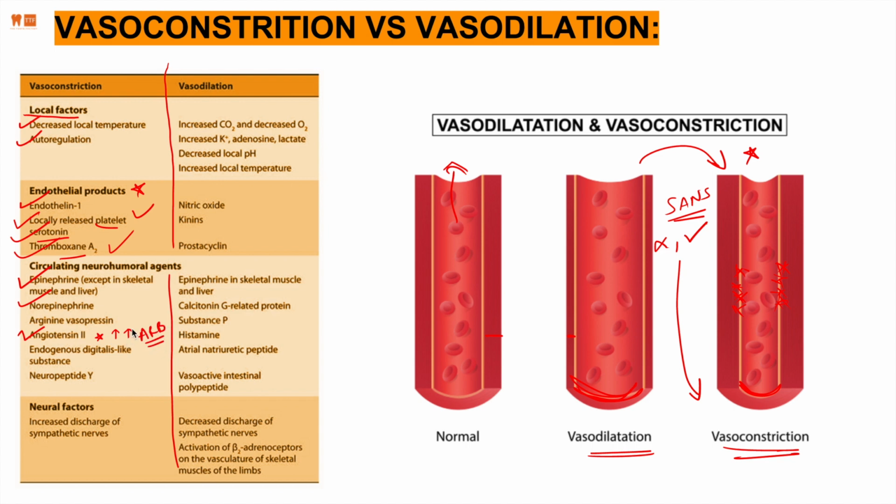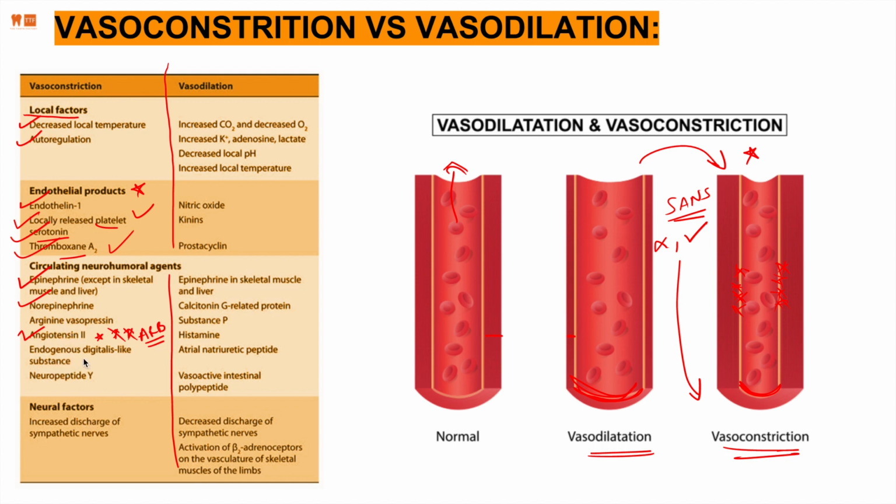So when we block it, no increase, and blood pressure is decreased, basically treatment of hypertension. So in reversal, vasoconstriction is caused by angiotensin 2.